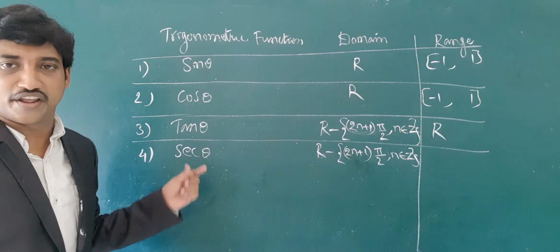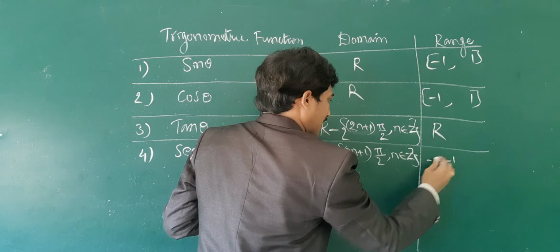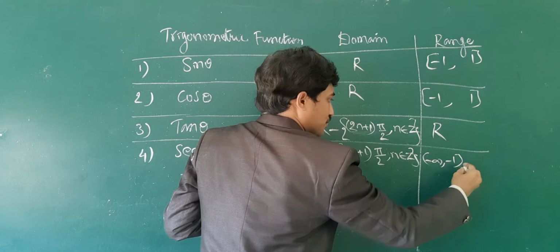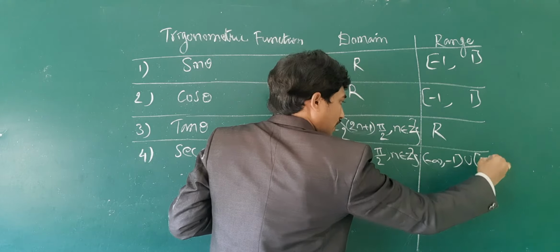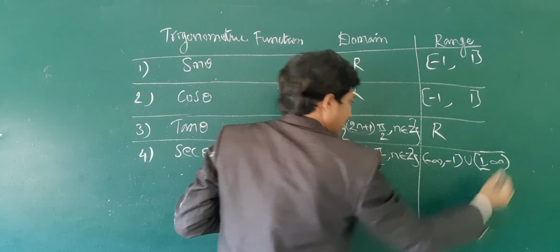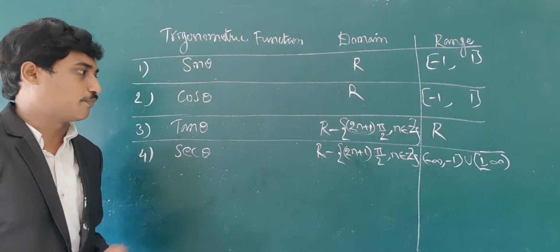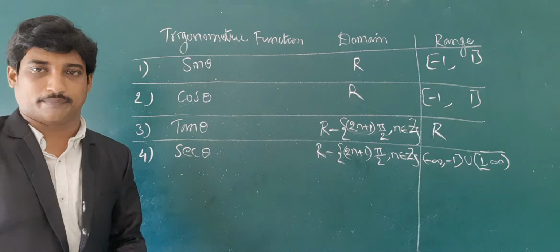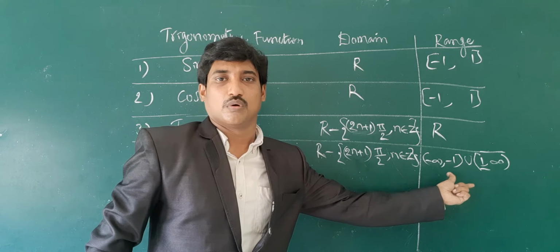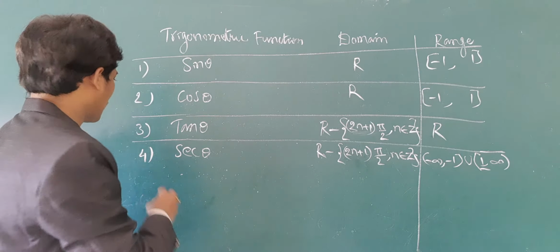Here we get the range: open bracket minus infinity, minus 1 closed bracket, union, closed bracket 1, infinity open bracket. That means secant theta doesn't give values between minus 1 and 1. We get the real numbers other than the values from minus 1 to 1. This is the range of secant theta.